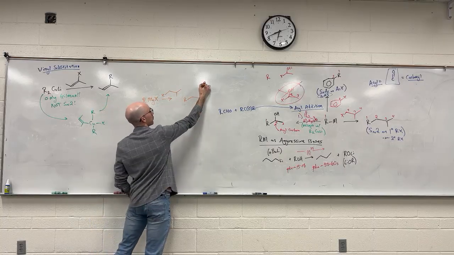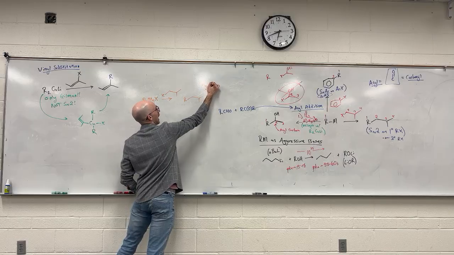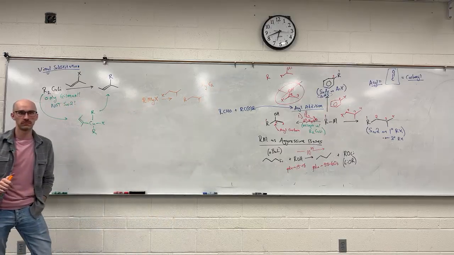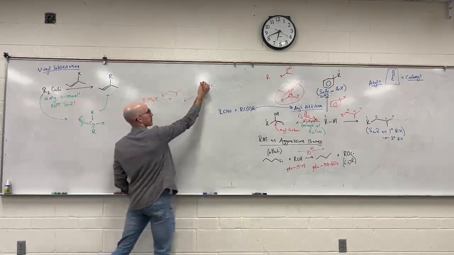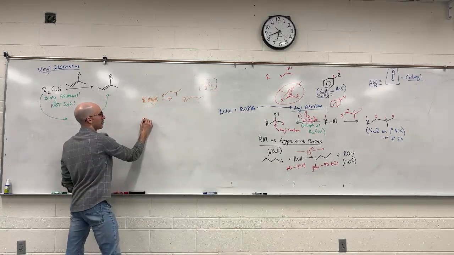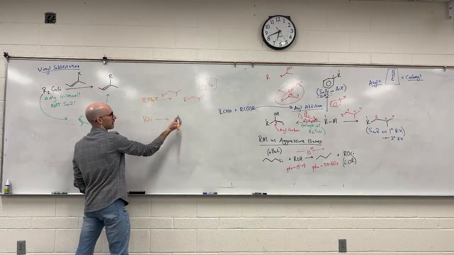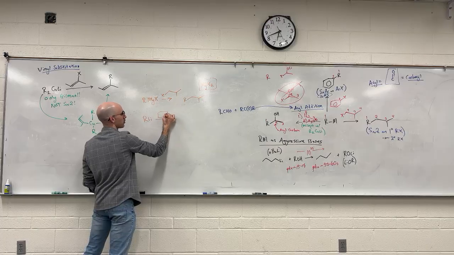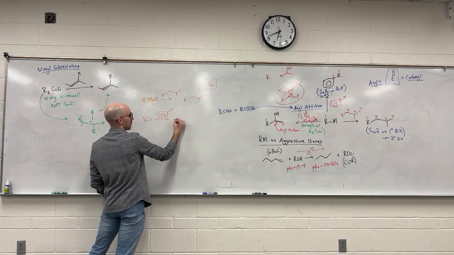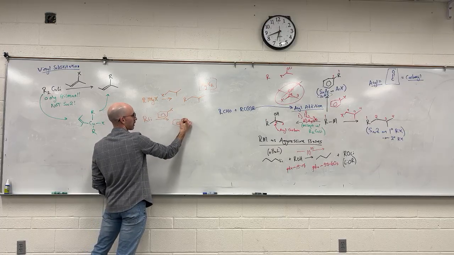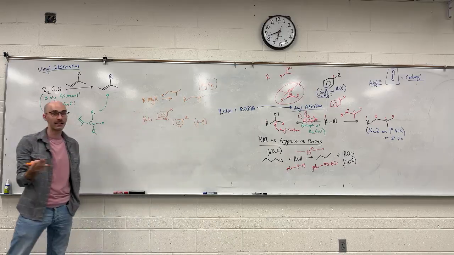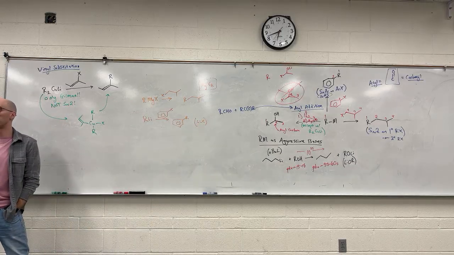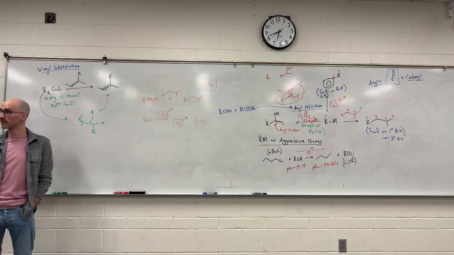My byproduct would be MgX2. The magnesium is one of the byproducts. If I had used organolithium in my aromatic substitution reaction, my byproduct, lithium halide. The metal is now waste.